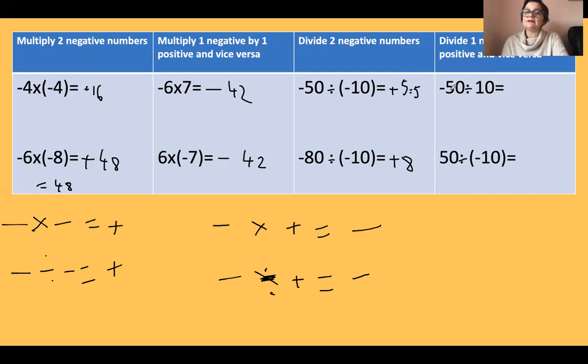Now here, you divide a negative by a positive, again, the answer is negative straight away, so -5. Here you divide a positive by a negative, again, both numbers have different signs, the sign is going to be negative, so -5, just like that.